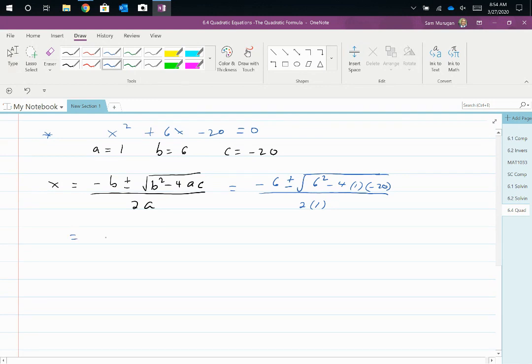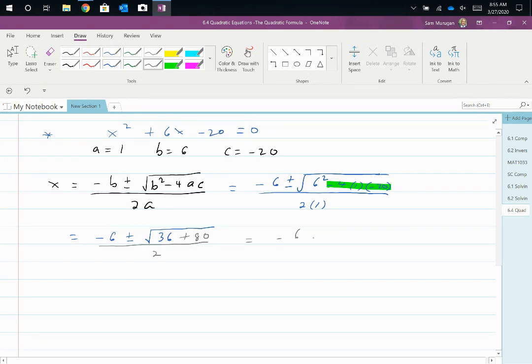And now we start simplifying. Negative 6 plus or minus the square root of 36. Negative 4 times 1 times negative 20 is positive 80, over 2.